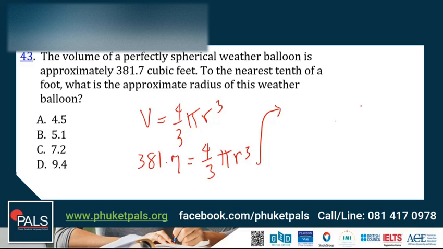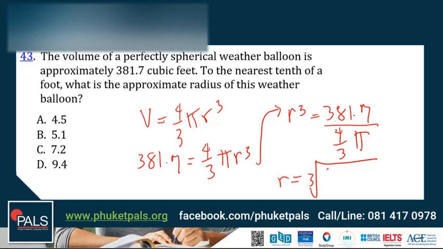Now rearranging the formula, r cubed is equal to 381.7 divided by 4 over 3 pi. Then r is equal to the cube root of 381.7 over 4 over 3 pi. So r, using a calculator, is equal to 4.5. So the answer is letter A.